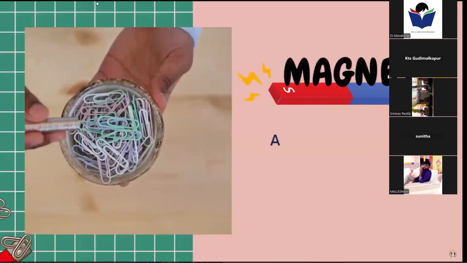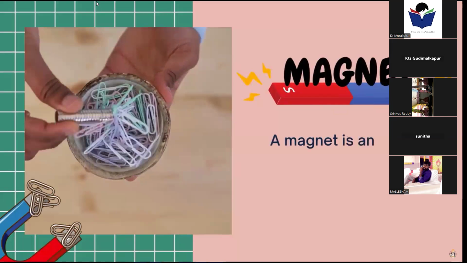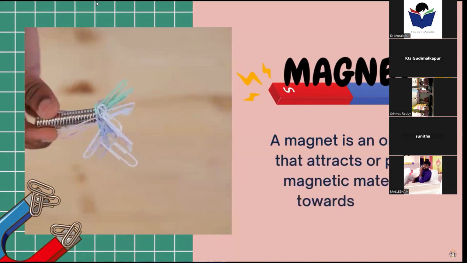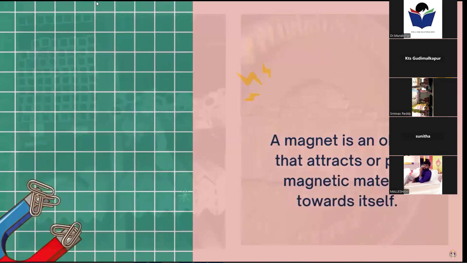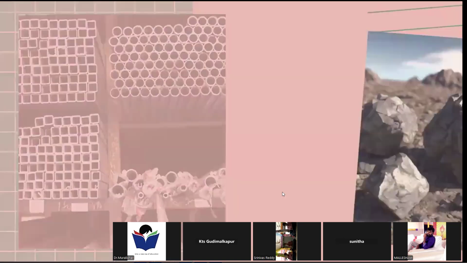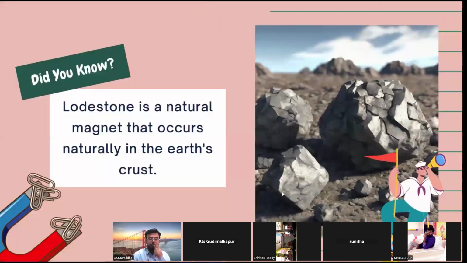Let's start knowing what a magnet is. A magnet is an object that attracts or pulls magnetic material toward itself, and has the power to attract certain materials like iron, steel, nickel, and cobalt. Did you know that some rocks are natural magnets? Lodestone is a natural magnet that occurs naturally in the Earth's crust.